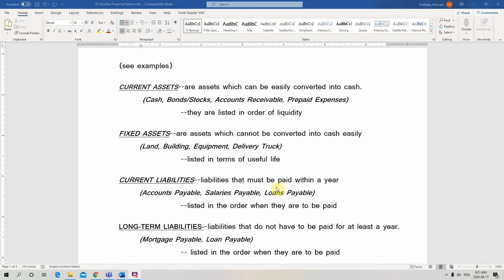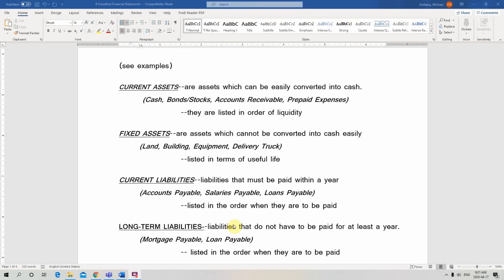If loans have to be paid within the year, they're going to be current. If the loan doesn't have to be paid for over a year, it would go under long term. Always assume that it has to be paid in over a year, okay, so you will always put it in long-term liabilities.